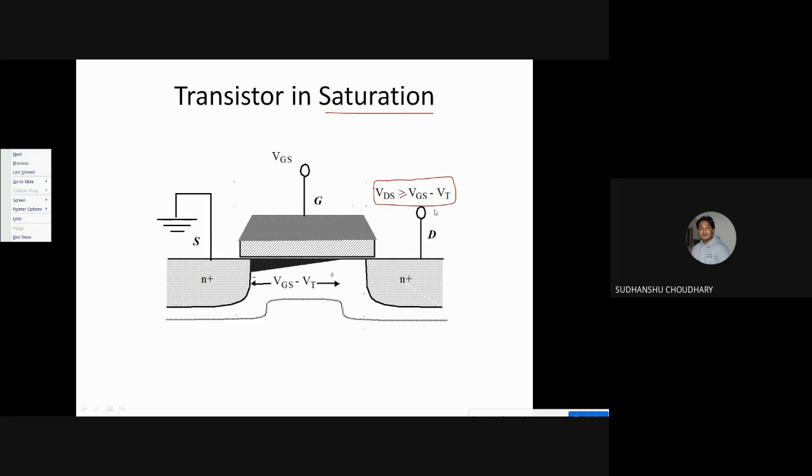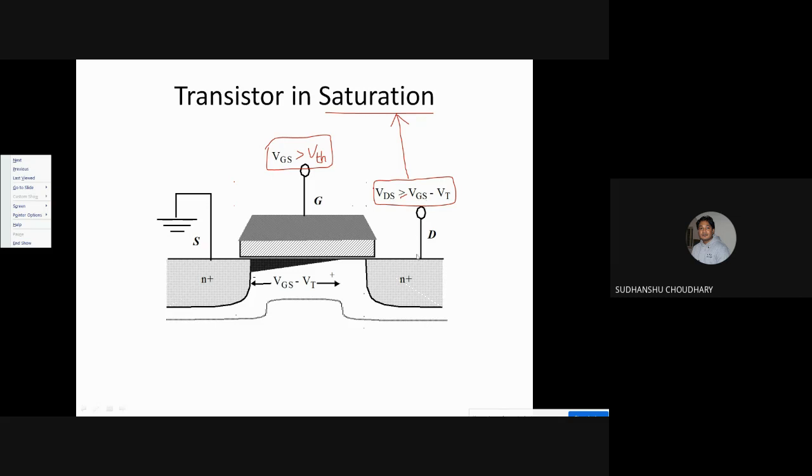The necessary condition is that VGS should be greater than VT, the threshold voltage. So the first condition is that VGS should be greater than VTH, and the other condition is that the drain to source voltage should be greater than or equal to VGS minus VT.